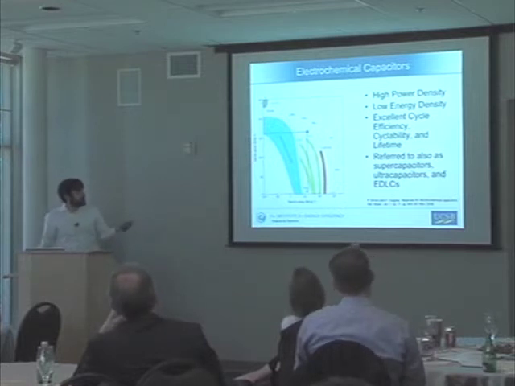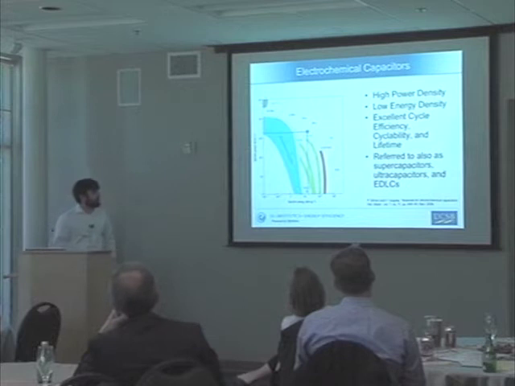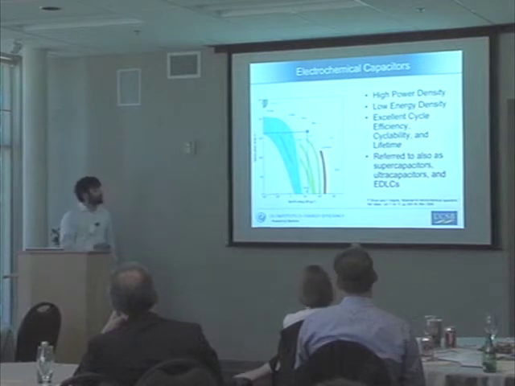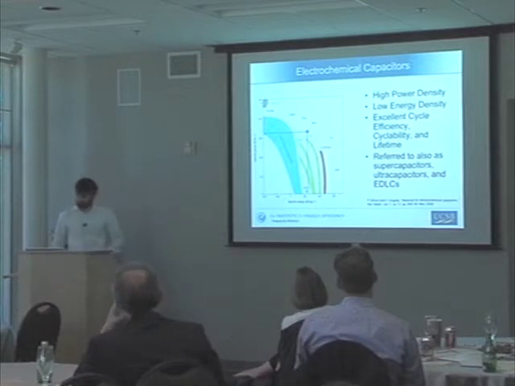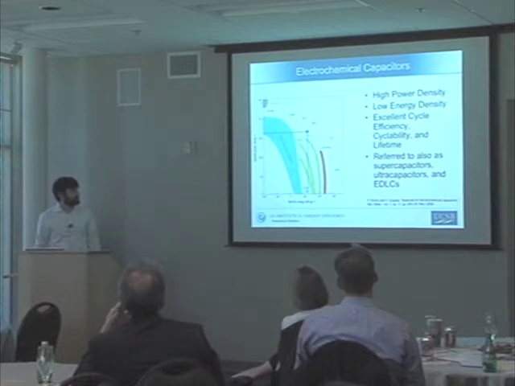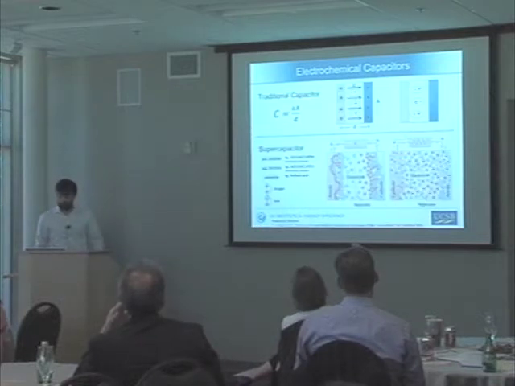We're trying to target a device that operates in this regime, about 15 watt-hours per kilogram, only about 10% the energy density of a lithium-ion battery, but at a higher power density than even high-powered lithium-ion batteries. So we're really just trying to push up the energy density of electrochemical capacitors.